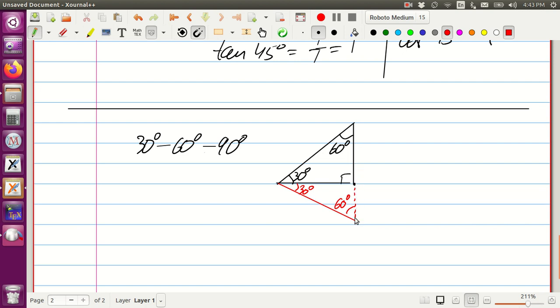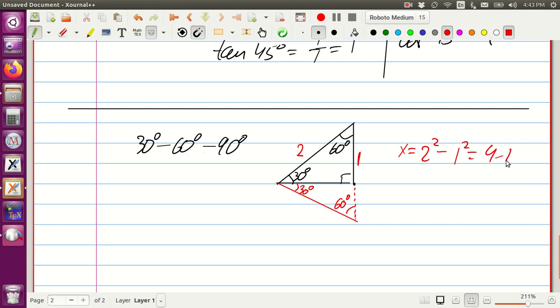So if you take this side to be of length 2, this triangle is called an equilateral triangle if you consider this big triangle. If the side is of length 2, then this part over here will be of length 1 because it's half of the whole side. And then if you use the Pythagorean theorem to calculate the third side, it's going to be this side squared minus this side squared.